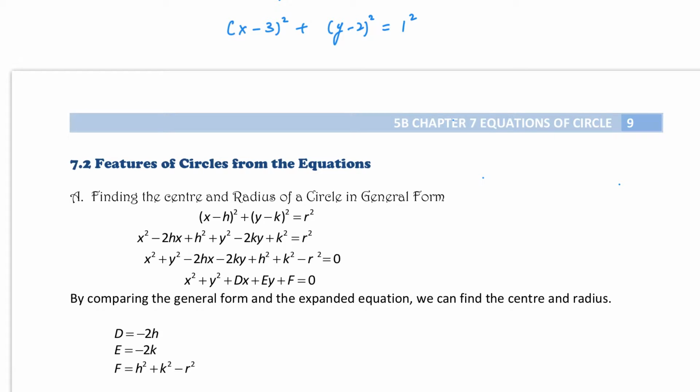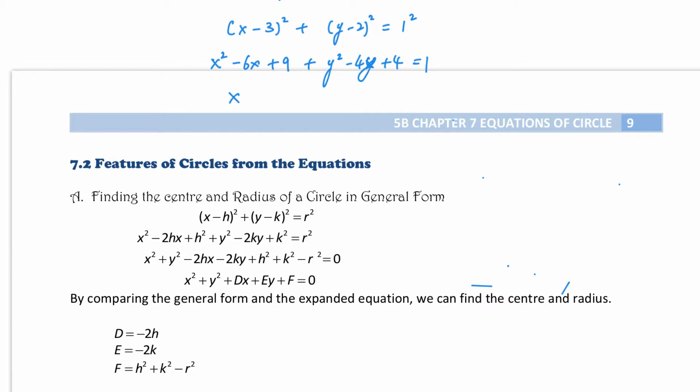For example, when I expand this, I get x squared minus 6x plus 9 plus y squared minus 4y plus 4 is equal to 1. And we arrange the order in descending power, so we write down x squared first, then y squared, and negative 6x.